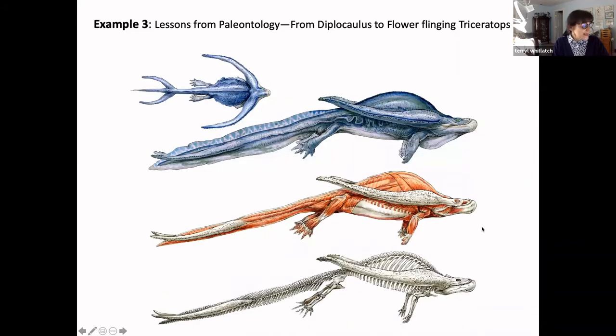And so based on that Diplocaulus anatomy, I had another assignment. I decided to have some fun. I did a rather humorous character, went way over the top. If the Diplocaulus had these horn-like structures, I made this one even bigger.